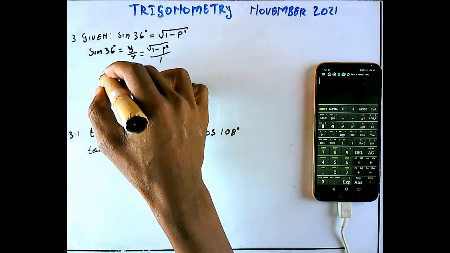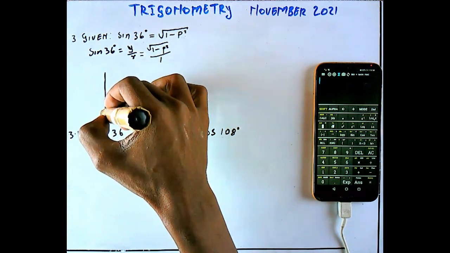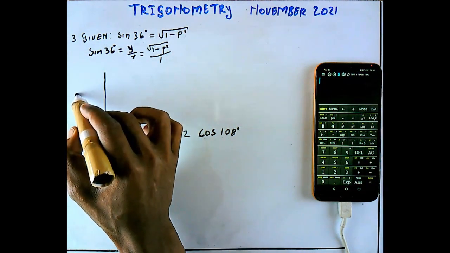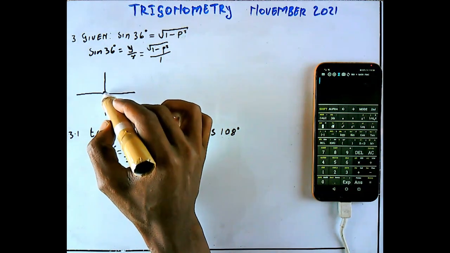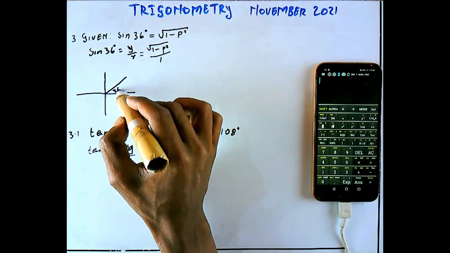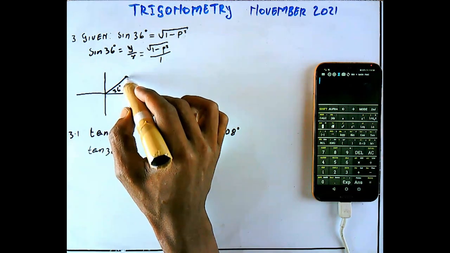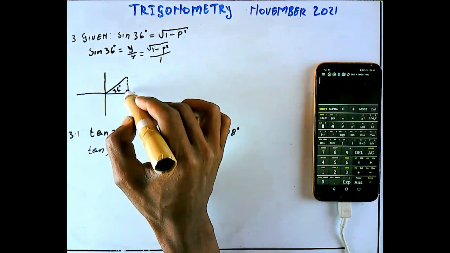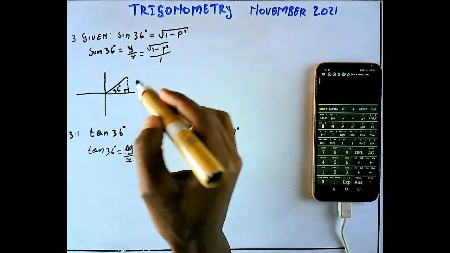So we can demonstrate it by a rough sketch. And then here is 36 degrees, then here is right angle triangle.